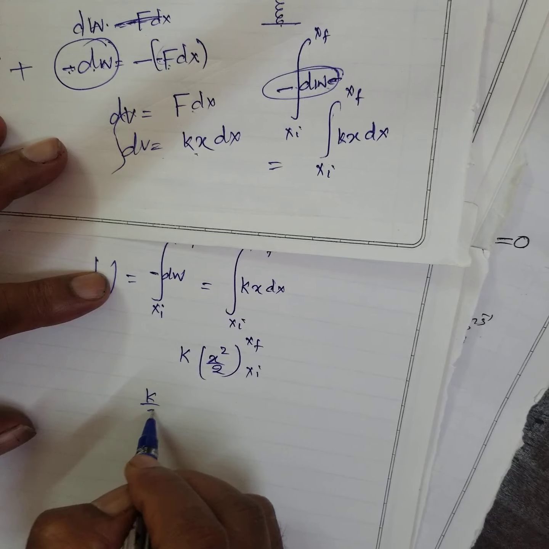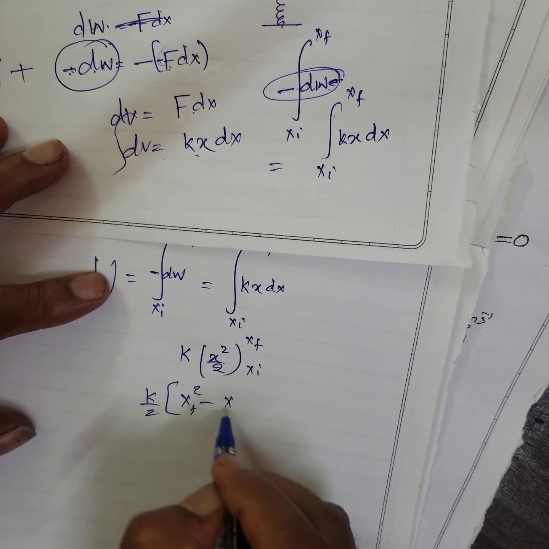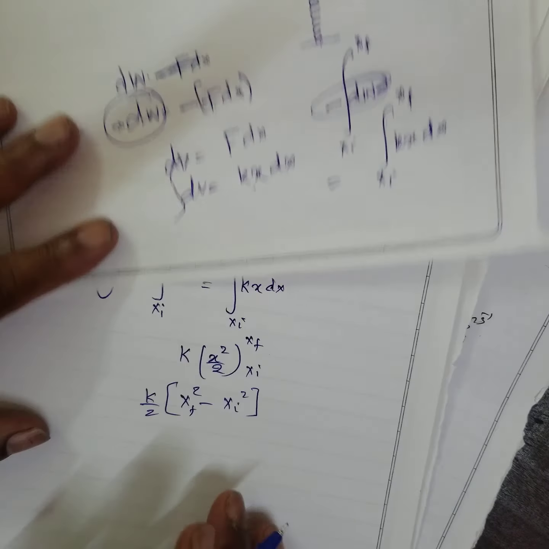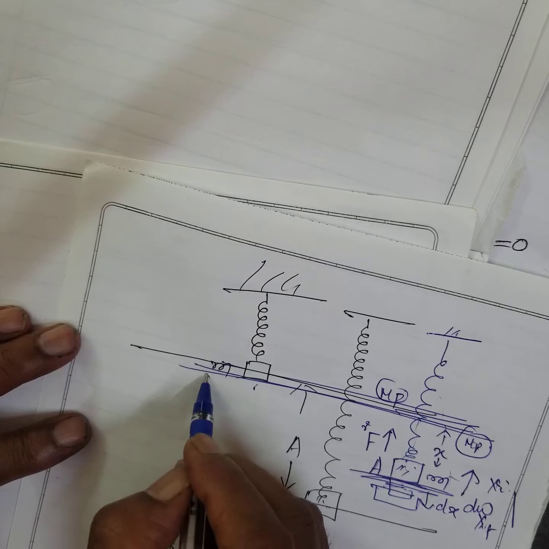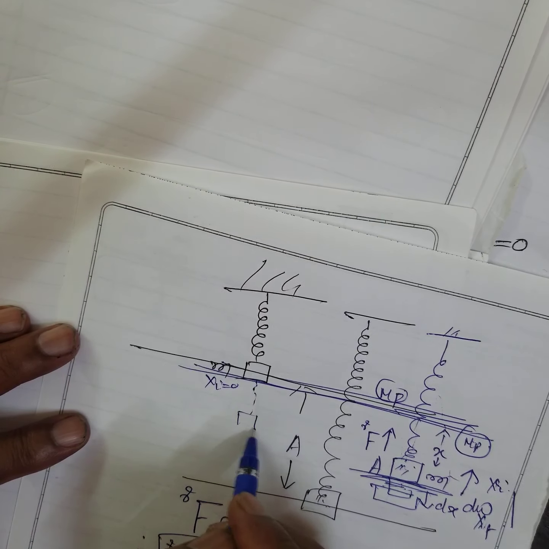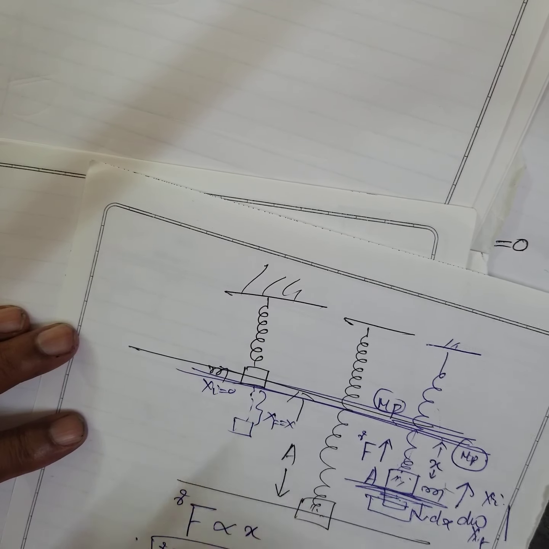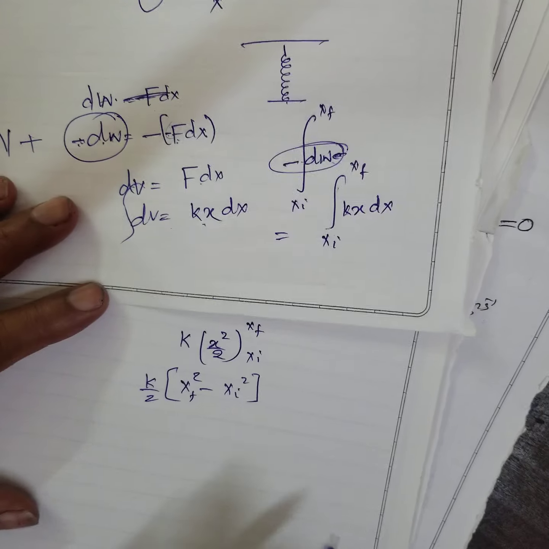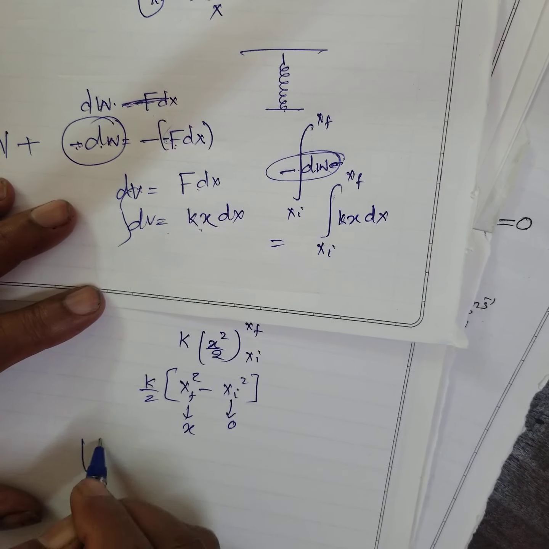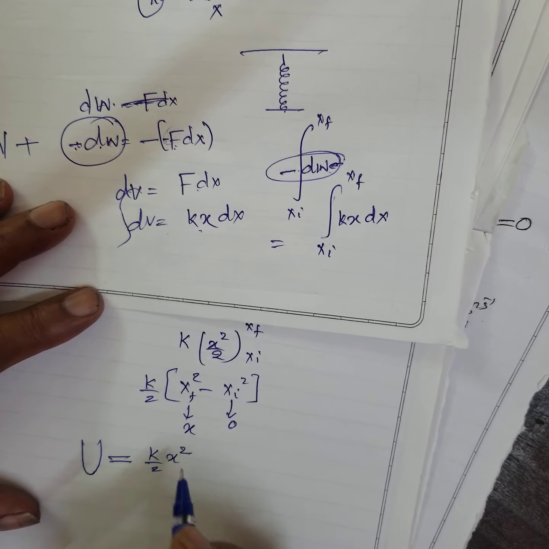Therefore, k by 2 times (x final square minus x initial square). Right? Now, if the spring is at initial position, x initial is 0. If I pull it down through a distance x, therefore x final is equal to x. In that case, what will happen? Initial position is 0, final position x. Therefore, potential energy is equal to k by 2 x square.